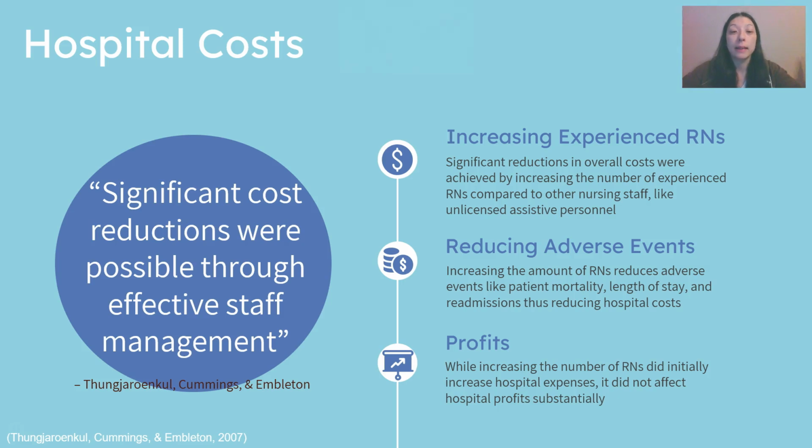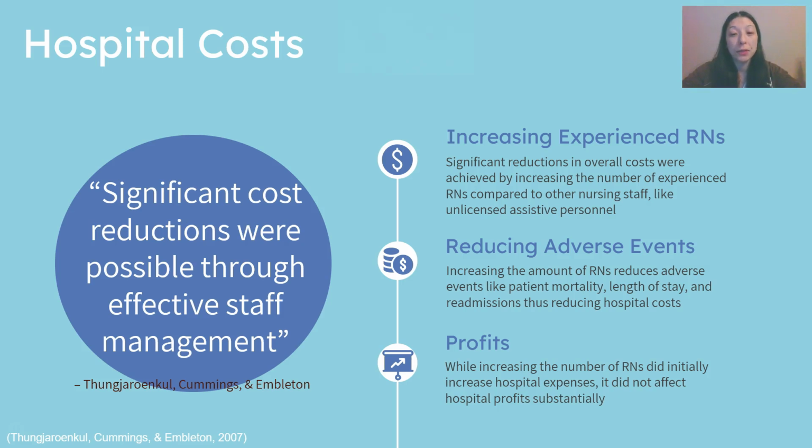A common reason that hospitals have inadequate or higher nurse-to-patient ratios is because they believe that hiring more nurses will increase hospital costs. However, studies have shown that significant cost reductions were possible through effective staff management. In fact, reductions in overall costs were achieved by increasing the number of experienced registered nurses compared to other nursing staff, like unlicensed assistive personnel.